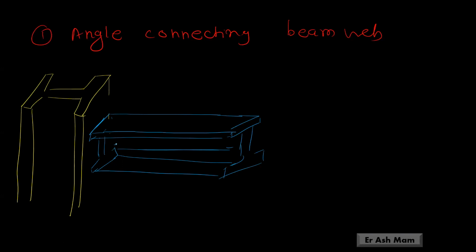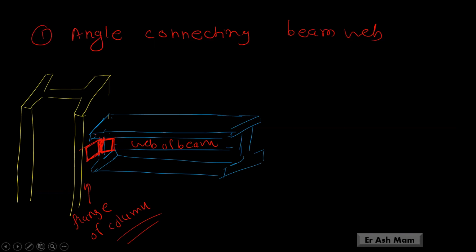Just consider this is the I section. An angle is somewhere here. One is connected to this, and second one is connected to the flange of column. One angle is connected to web of beam, and second angle is connected to flange of column.